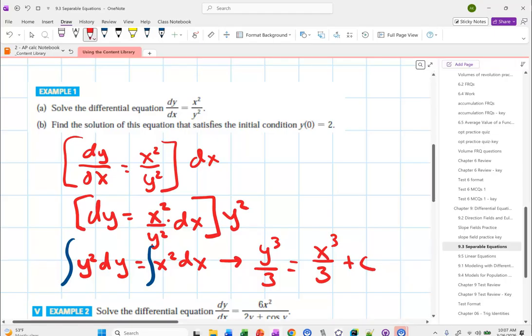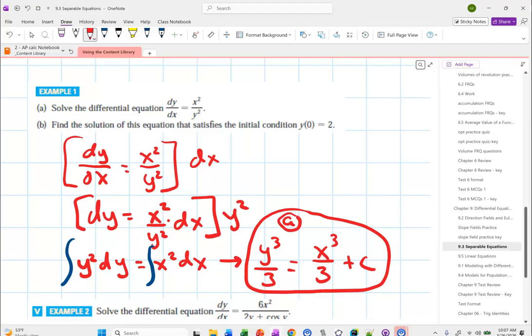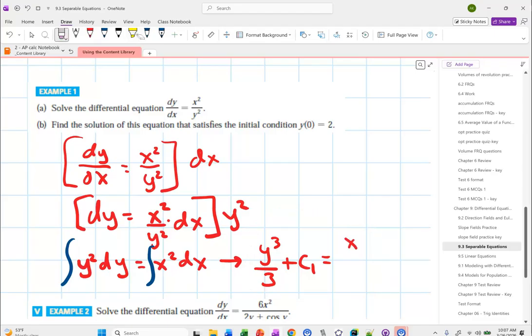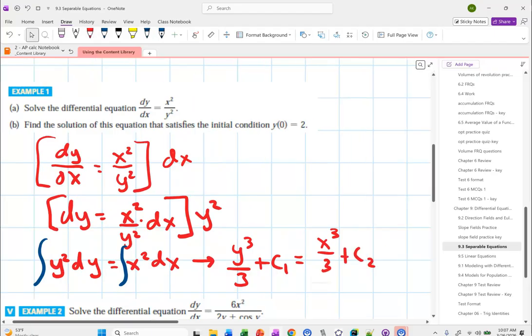That's part A. Why would you do plus c on only one side? Because technically, Aaron, when we do this, we have a c1 on this side and a different c on this side.